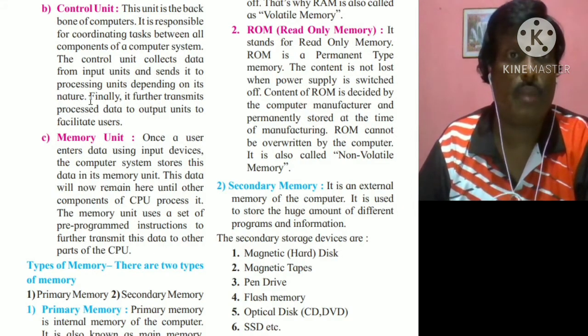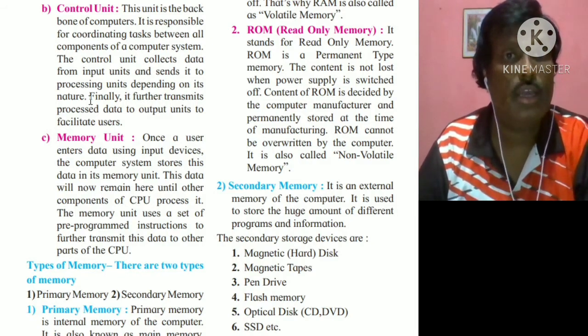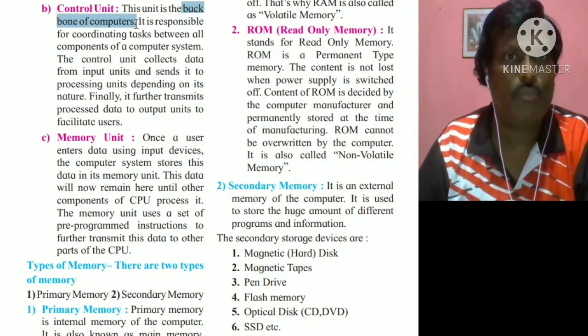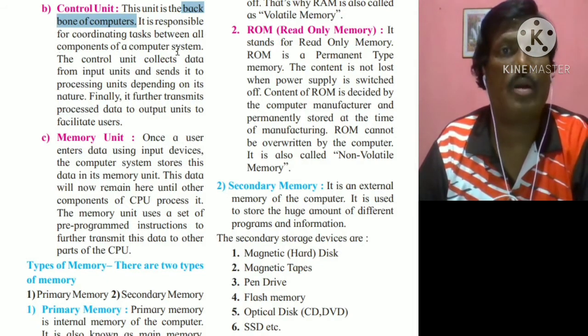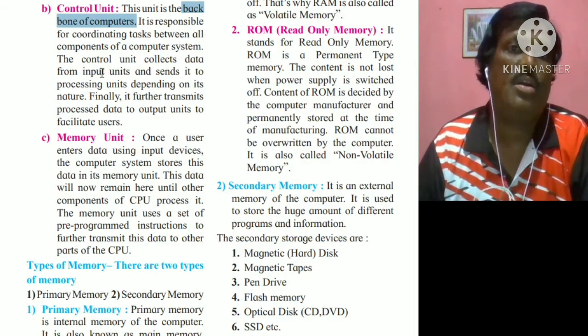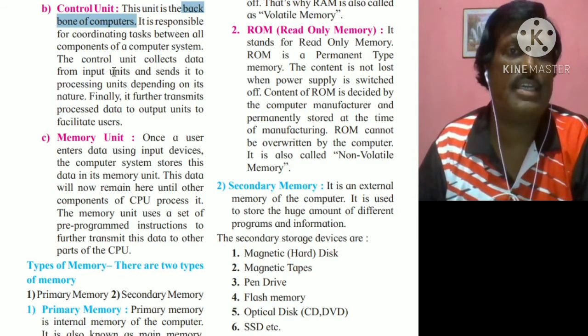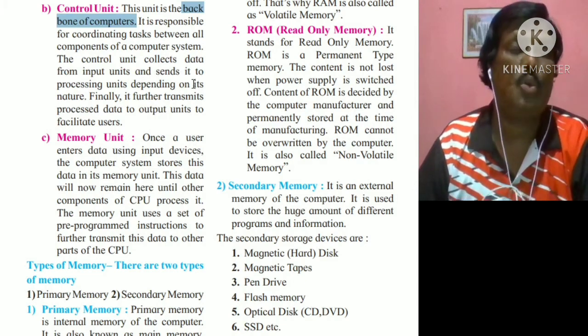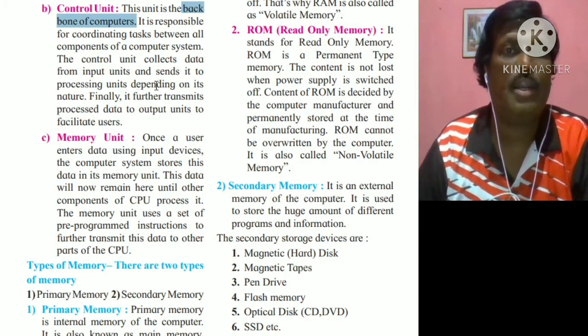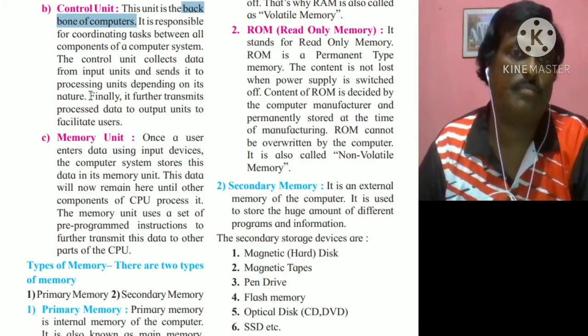Now see once again, what is control unit? Control unit is the backbone of computer. Okay, it is responsible for coordinating tasks between all components of computer system. The control unit collects data from input units and sends it to processing units depending on its nature.